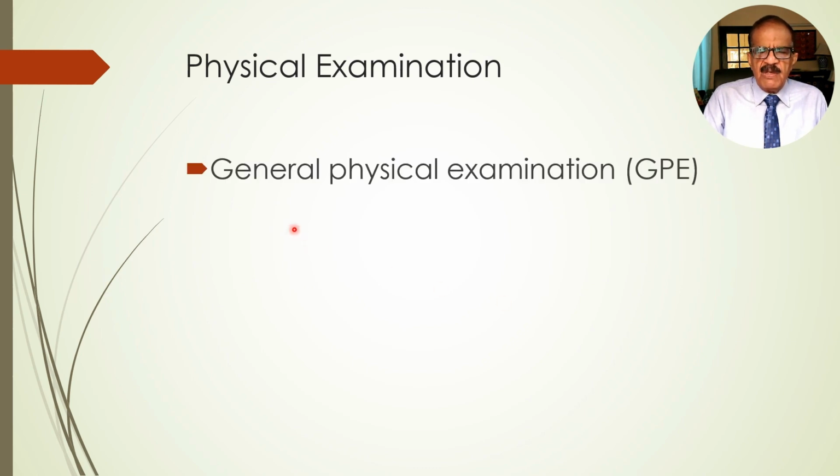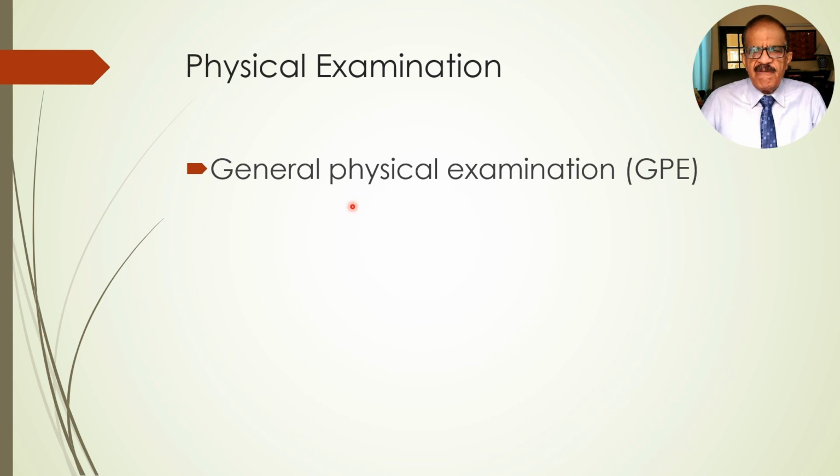So in physical examination, the first part is general physical examination. As the name says, it is a general examination. You basically inspect the person and also touch the different parts from head to toe. This is, I think, like examining something under the microscope in the low power field. Low power field will give you a broad area of vision but will not give you the depth.